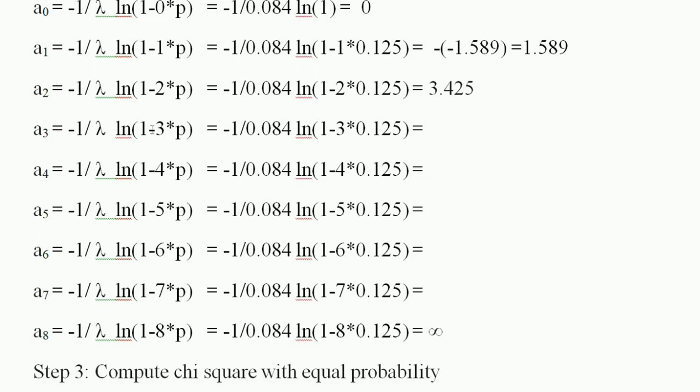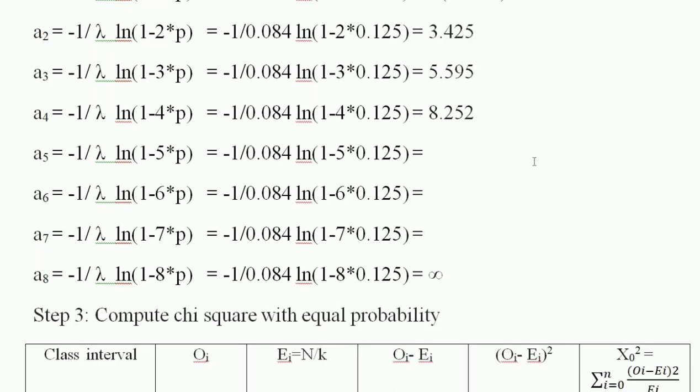Minus 1 divided by lambda, lambda value is 0.084, natural log of 1 minus i value 3 into P, P value is 0.125. If I calculate all this, you are going to get A3 as 5.595. And A4, if I calculate the value, you are going to get 8.252.